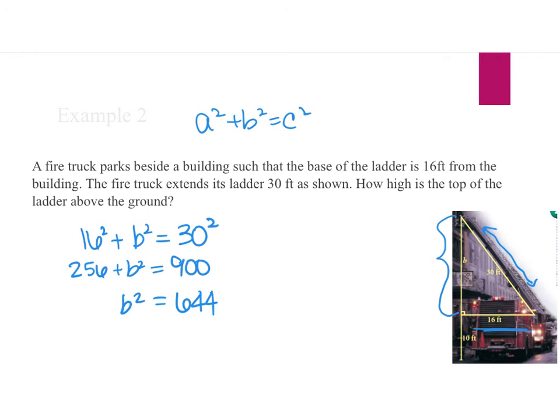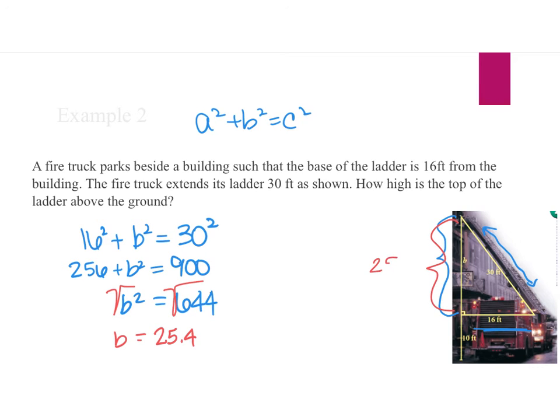Again, I need to know what b is by itself, so I'm going to take the square root of both sides. I can see that b is equal to the square root of 644, which is not a perfect square, but I end up with 25.4. So that's this length right here.